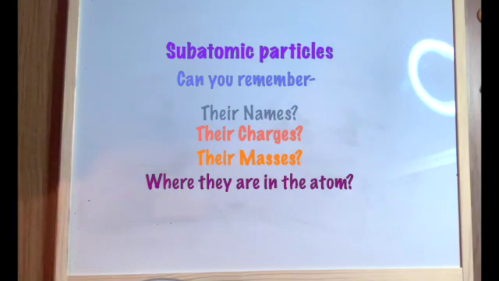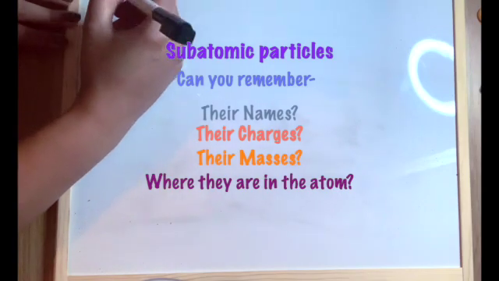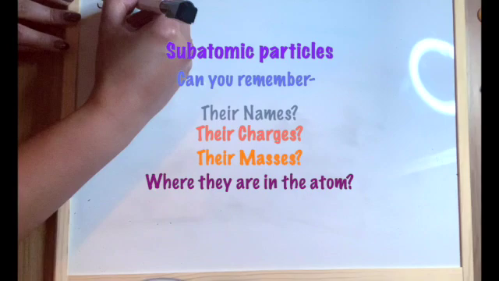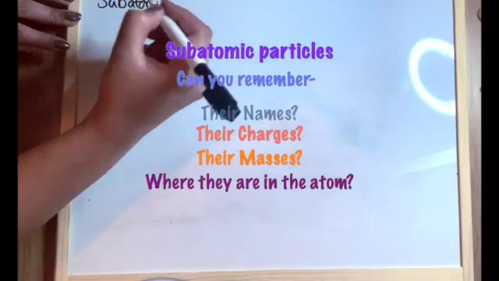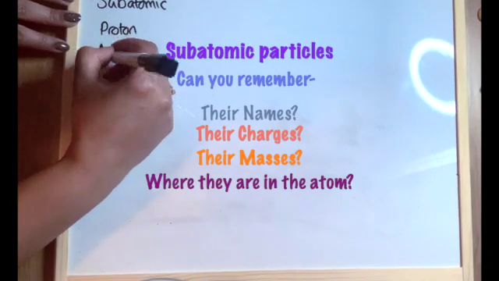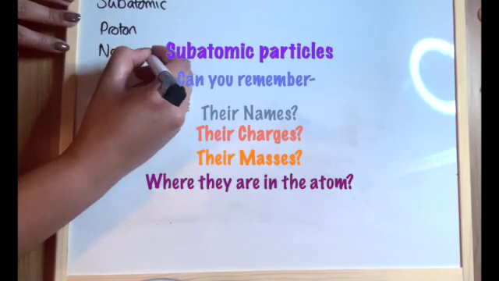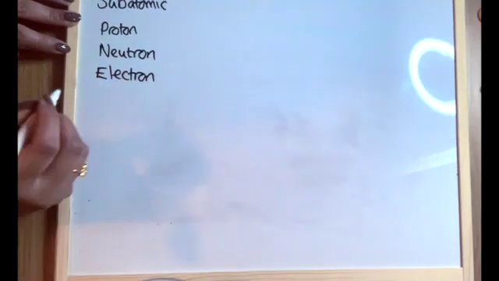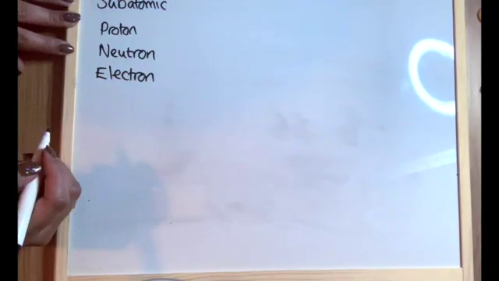the properties of the atom and the subatomic particles, first of all, we will write down here the subatomic particles that we have. So we have the proton, neutron, and the electron. Those are the 3 subatomic particles that make up an atom.